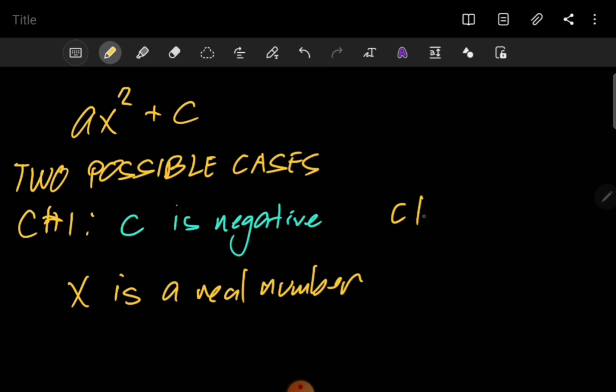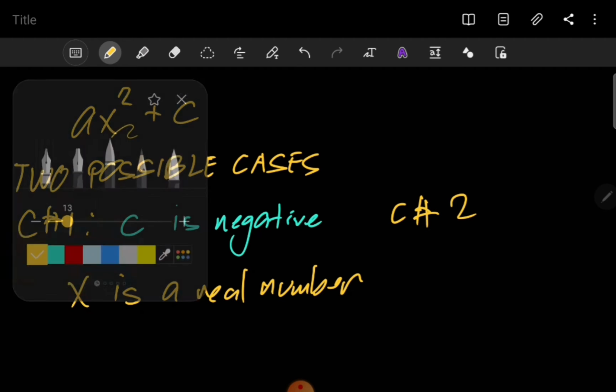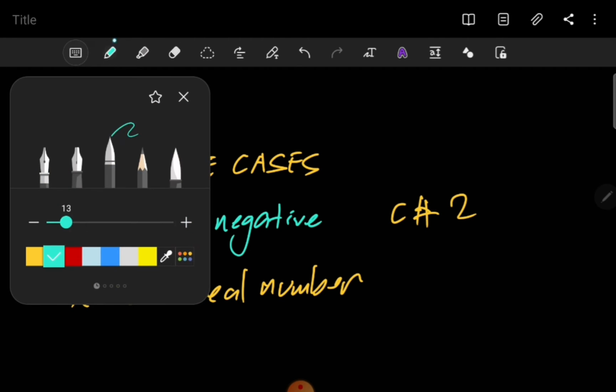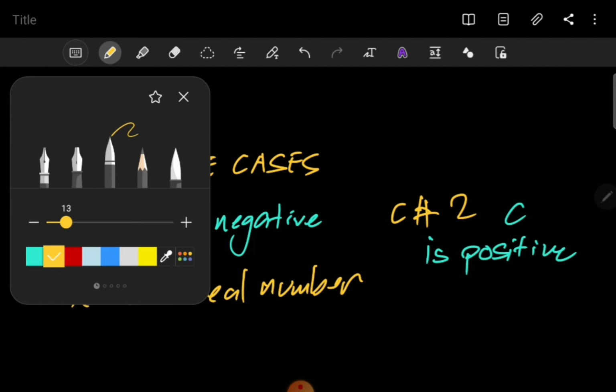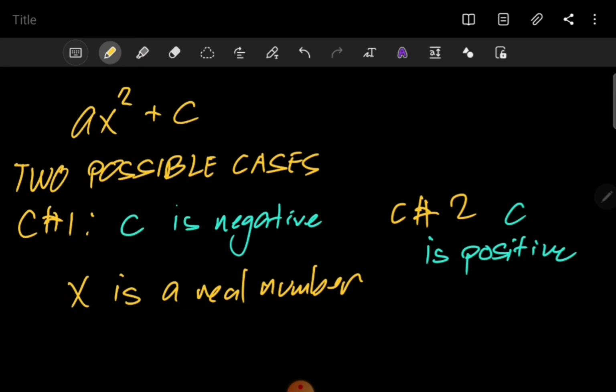Case number two: if our c is positive, then our x will be imaginary. So these are the two possible scenarios if we're going to use extracting the square roots.